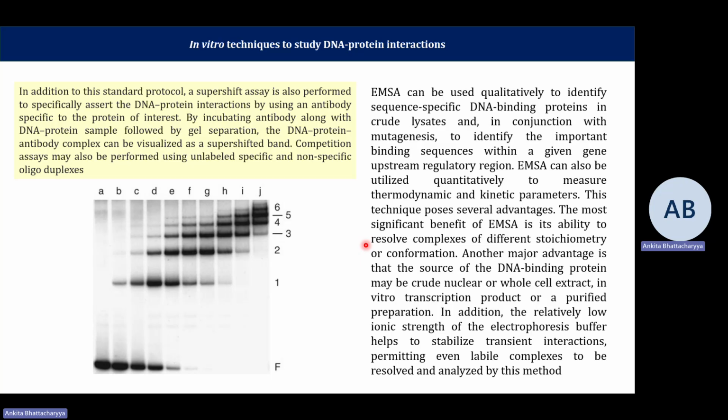Another is that the source of the DNA binding protein can be a pure complete protein, or a crude nuclear extract, in vitro transcription product, or a purified preparation. In addition, the relatively low ionic strength of the electrophoresis buffer helps to stabilize transient interactions, permitting even labile complexes to be resolved and analyzed by this method.